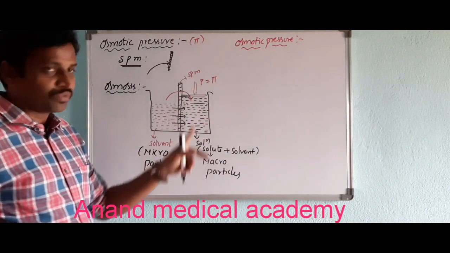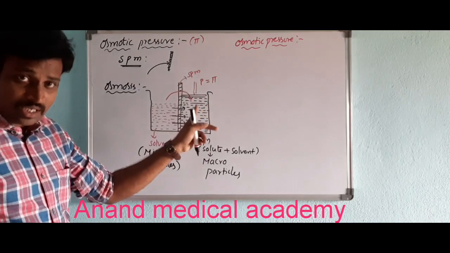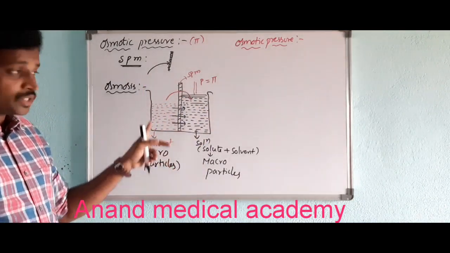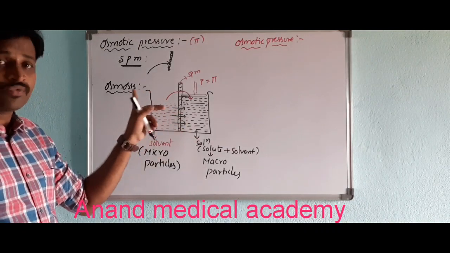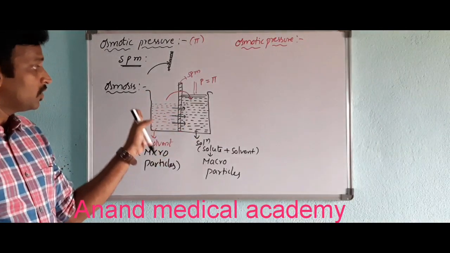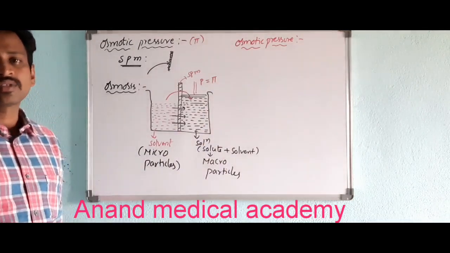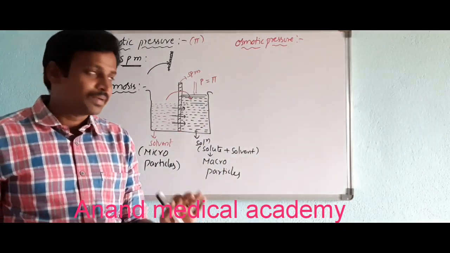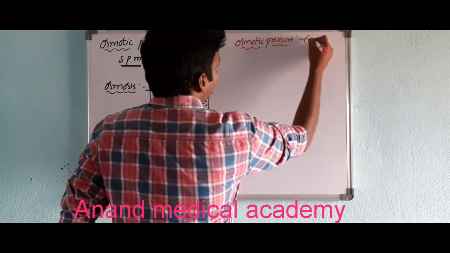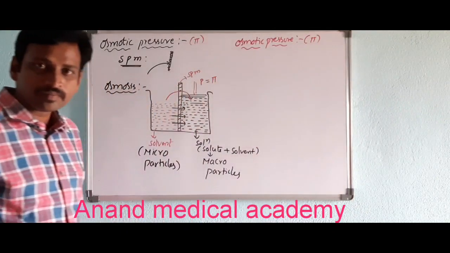The pressure at which the flow of solvent from low concentrated to high concentrated stops. We represent osmotic pressure with pi.